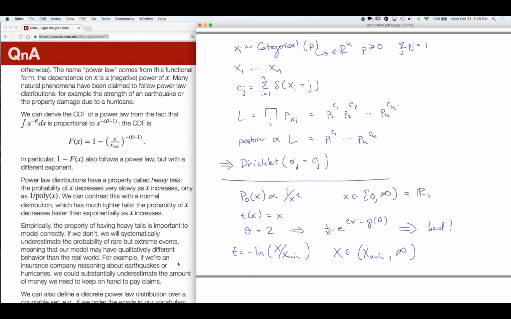That could cause a real difference between the real world and our model. For example, think of an insurance company that's trying to reason about hurricane damage. If it systematically underestimates the probability of very large, very damaging hurricanes, it's going to go out of business very quickly.